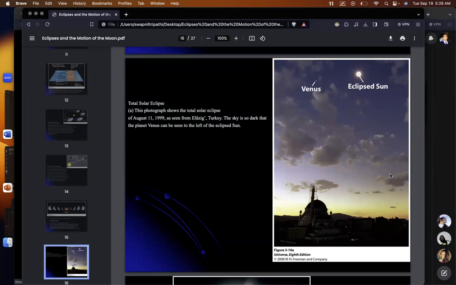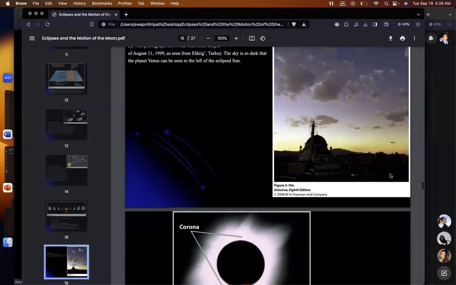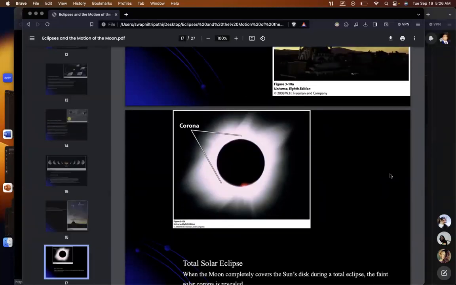In the solar eclipse, sometimes the sky gets so dark that you can see Venus. Even with solar eclipse, the sky doesn't become pitch black, not like the night, because there is the disk of the sun, which is blocked by the moon, but there's this part of the sun which is called corona.